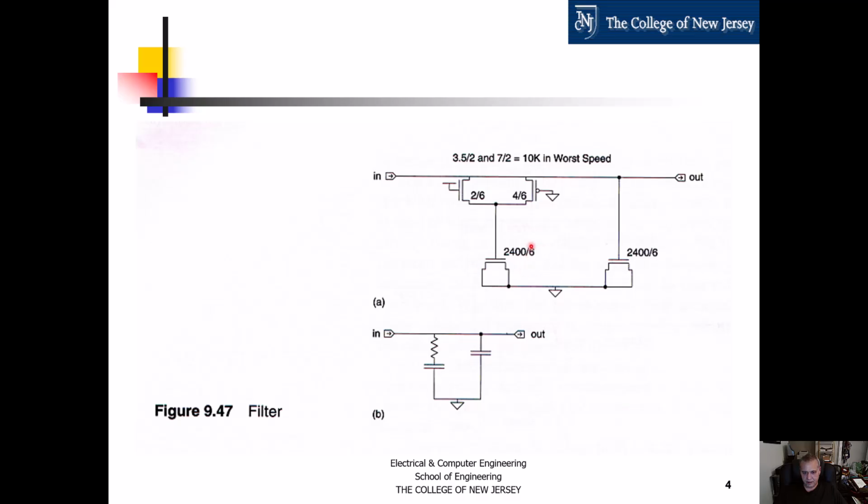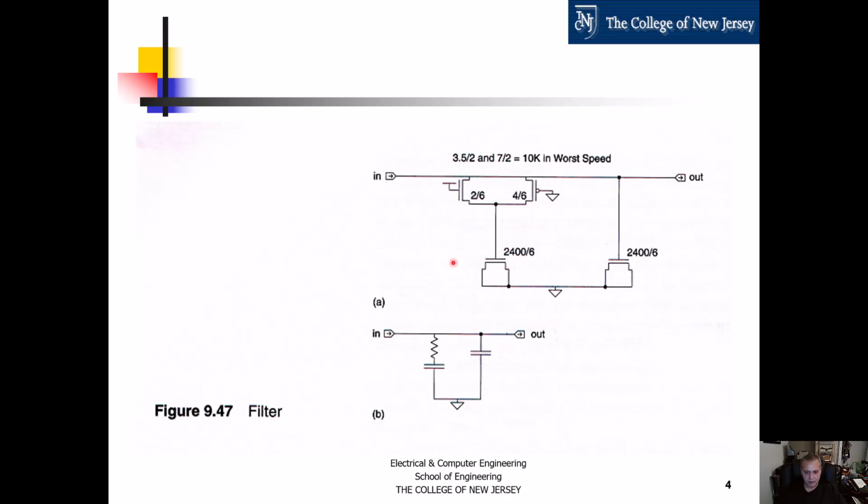And again, the size of the transistor would be 6 times 150 nanometers for the channel length, or gate width, and 2400 times 150 nanometers for the channel width, or the geometric transistor length. So these are two very large transistors.